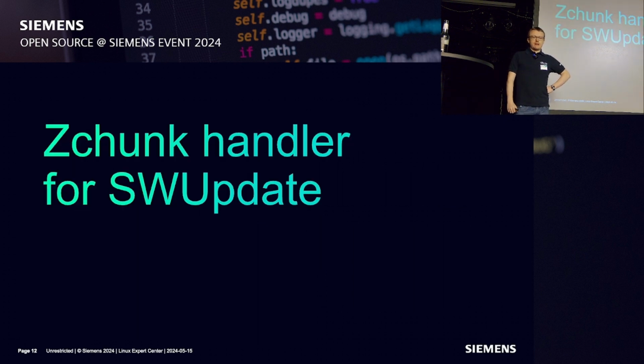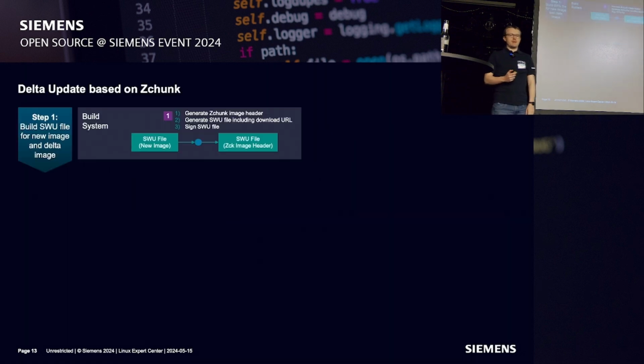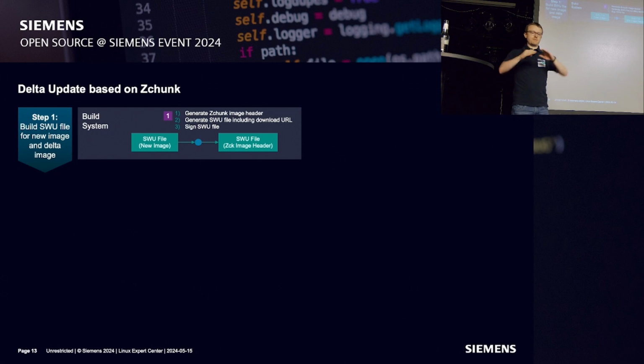Let's have a look at a totally different approach based on the set chunk handler. Hereby, the workflow is a bit different. So first, what we do is we still start with the SW update file with the whole image, and then we create a block-based, or for some ranges, a checksum file, which does not contain the data, but just hashes or checksums of chunks of the data.